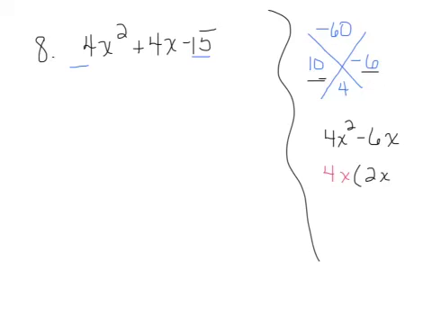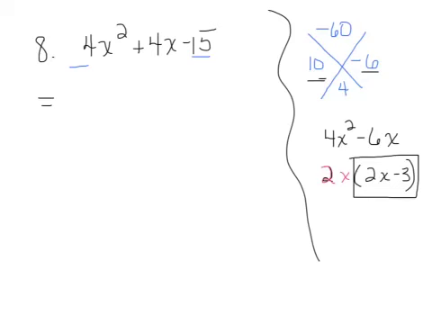So let me fix that. So if I factor out a 2x, they will have 2x minus 3 in common. So you have to factor this correctly to get this correct term, 2x minus 3.